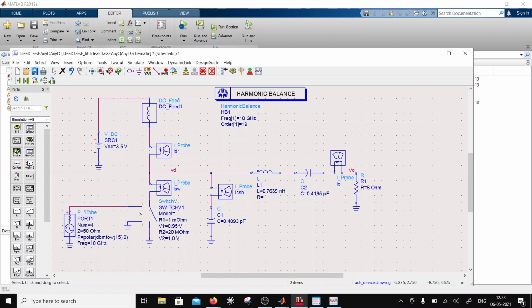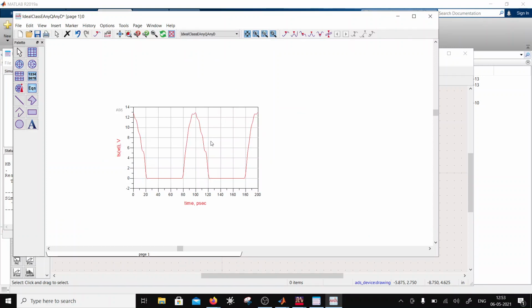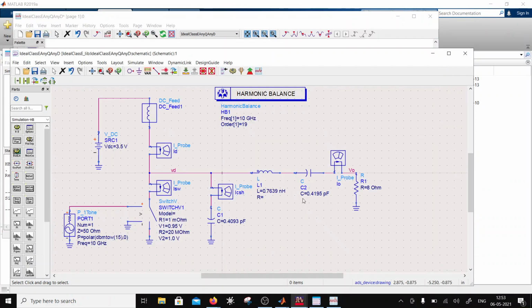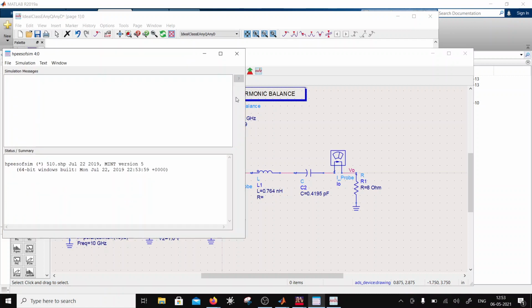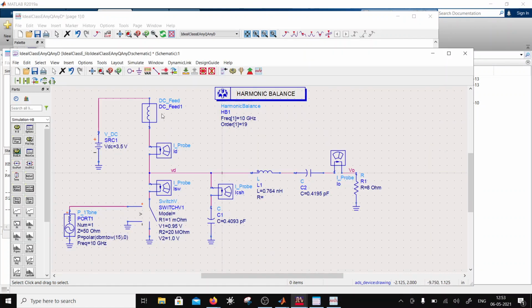So now it's okay. One typing mistake. Okay, so this looks like class E. Not exactly. Let's put here 4. Okay, let's increase the number of harmonics to, let's say, 39 and hit simulate.